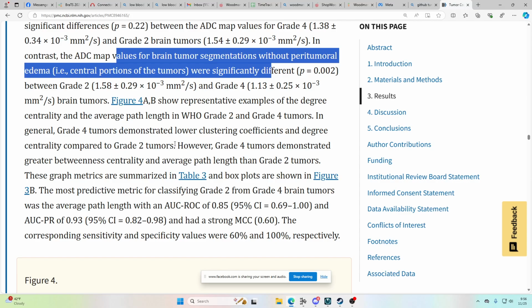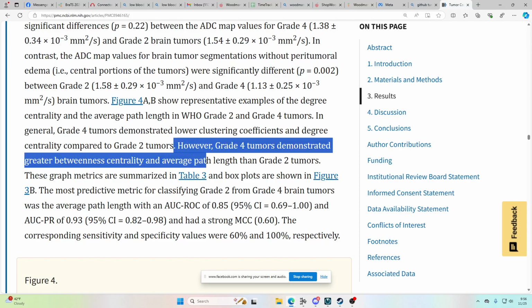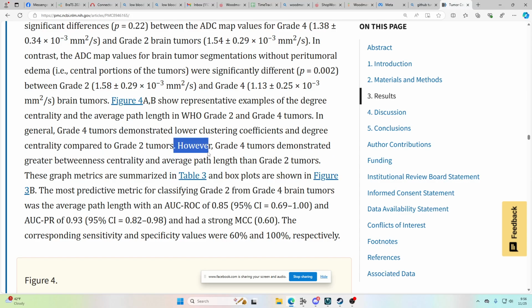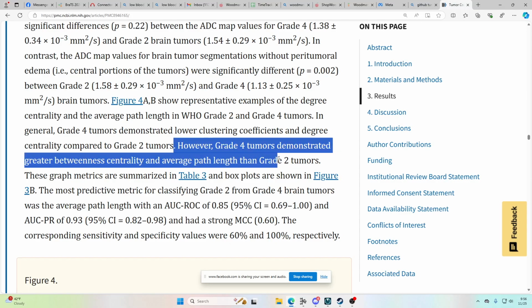Some of the conclusions they drew are that grade 4 tumors demonstrated greater betweenness centrality and average path length than grade 2 tumors. This is what they concluded from their study.